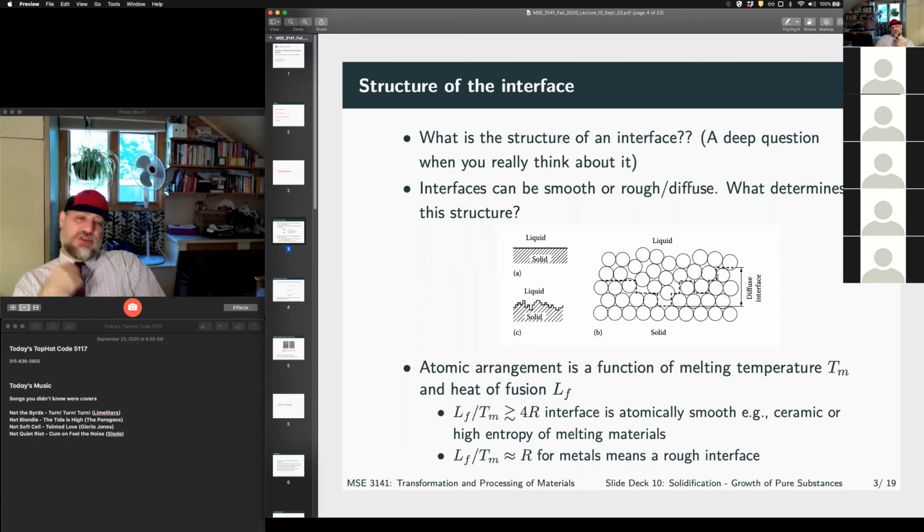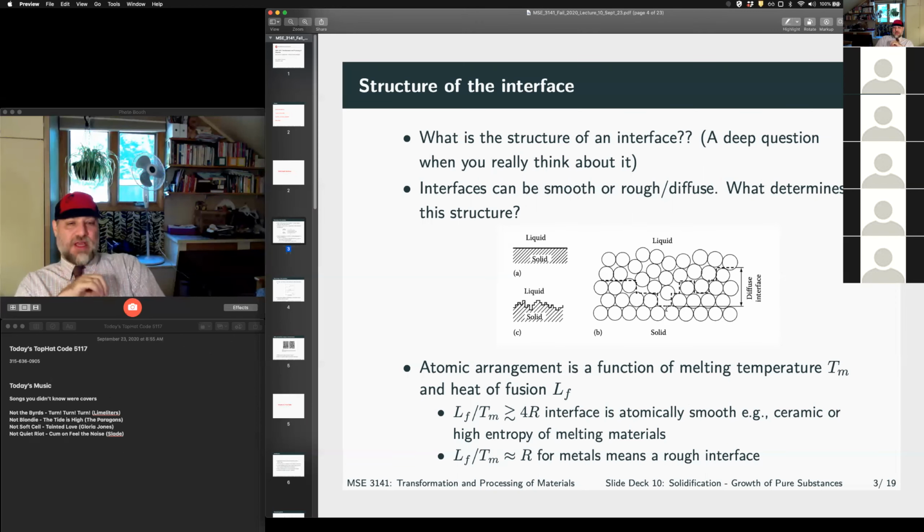So therefore, the structure of the interface controls the properties of the interface. But what does it actually mean for an interface to have structure? And we're going to touch on that just a little bit today. It'll be more of a concrete concept when we talk about solid-solid interfaces.